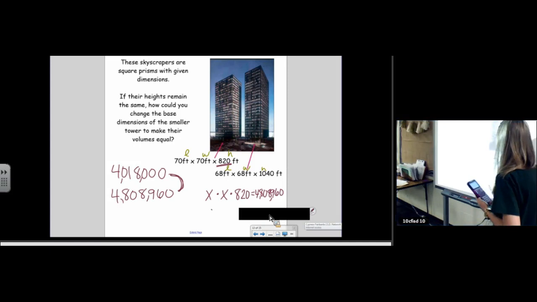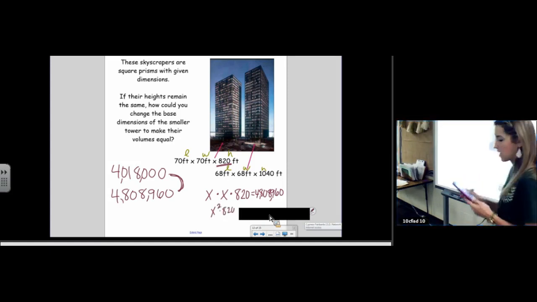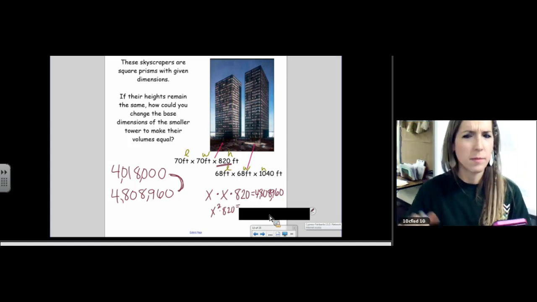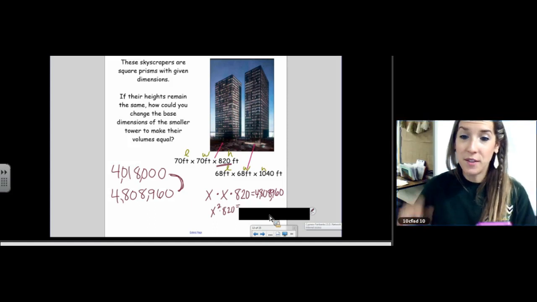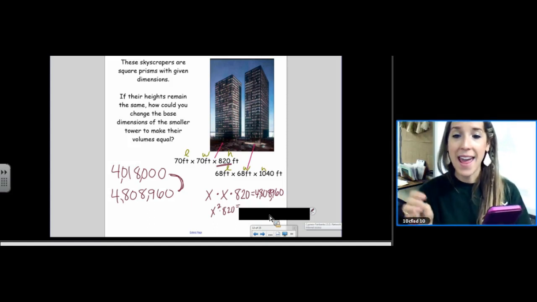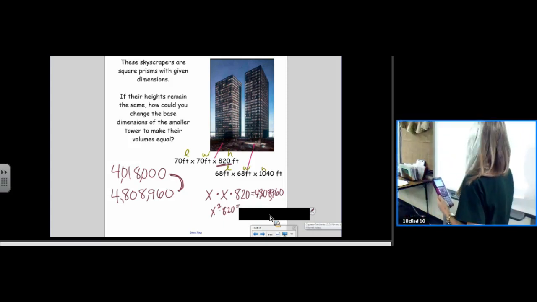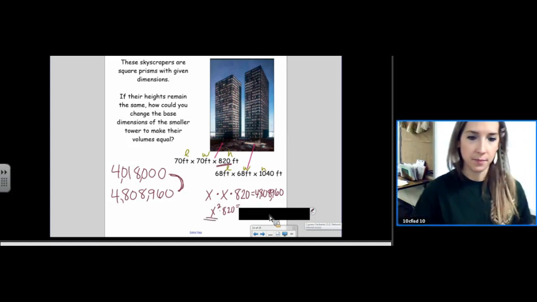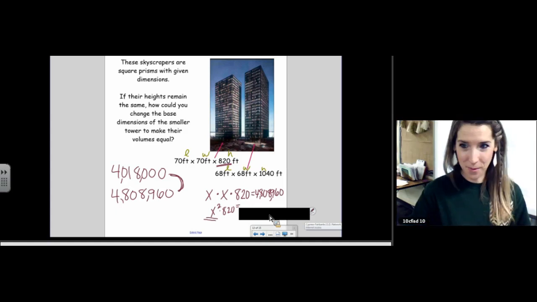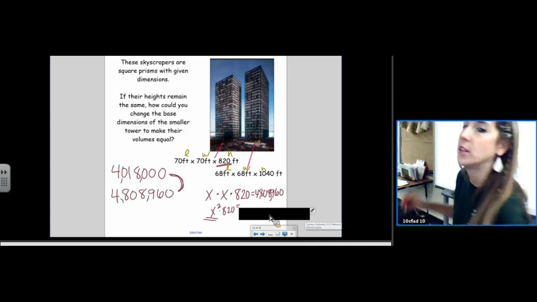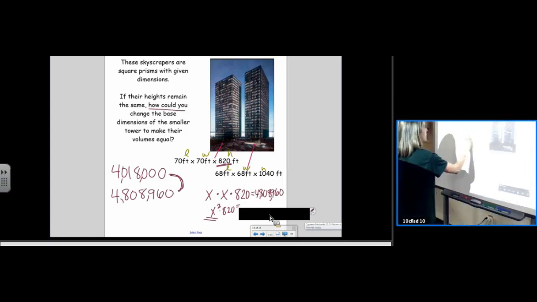So this says x squared times 820 equals that long number. Divide by 820. There you go, Alex. So you divide that 4.8 million by 820, and then how do you solve for x? What's the opposite of squaring something? Square root. Yes. So how could you change the base dimensions? This is what it asked.